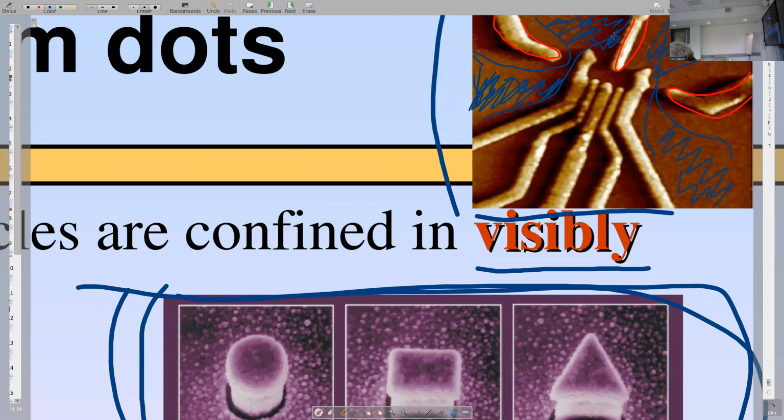And the dots, it's a double dot system. The dots are eventually here. Good. So electrons may go like this.